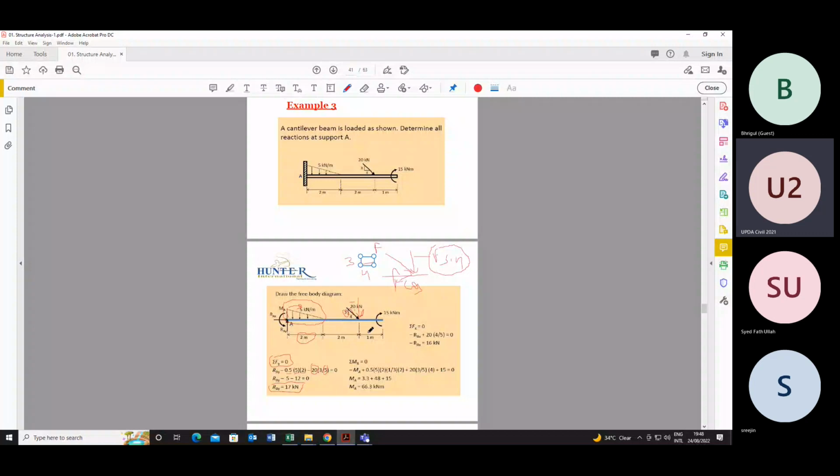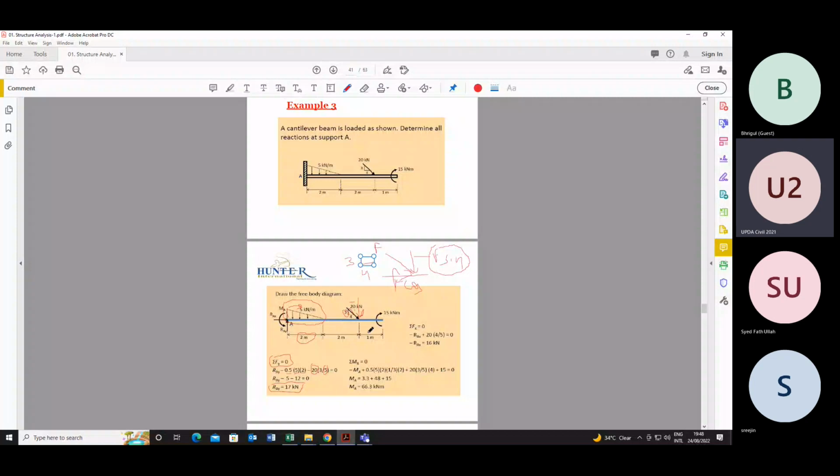If you see, this RAx is trying to compress the member, so we will consider it as negative. Compression we will consider negative, and if there is tension in the member due to force, we will consider it positive. So minus RAx.